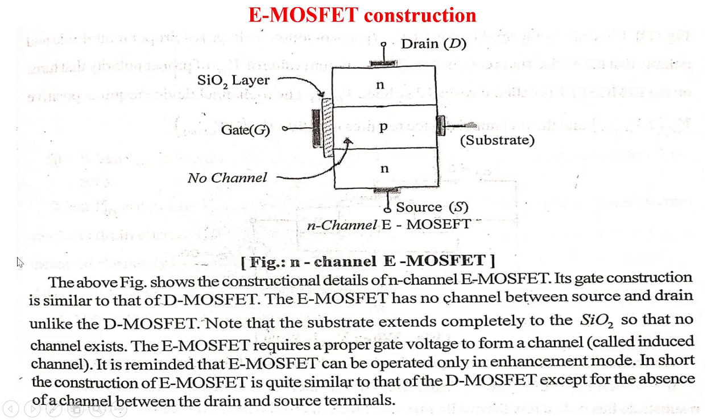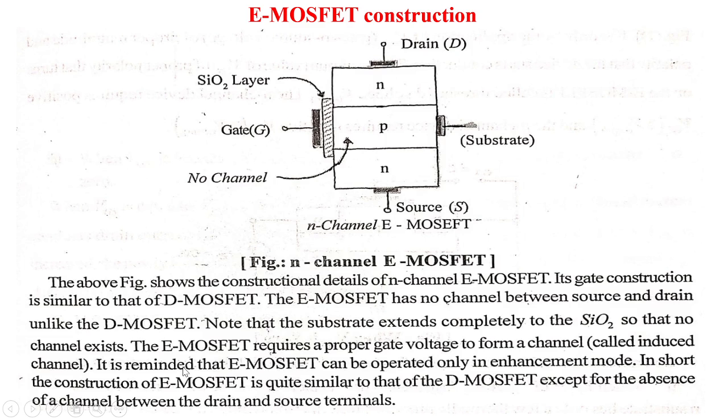Its gate construction is similar to the D MOSFET, and the E MOSFET has no channel between source and drain unlike the D MOSFET. Note that the substrate extends completely to the SiO2 so that no channel exists, and the E MOSFET requires a proper gate voltage to form a channel called an induced channel.